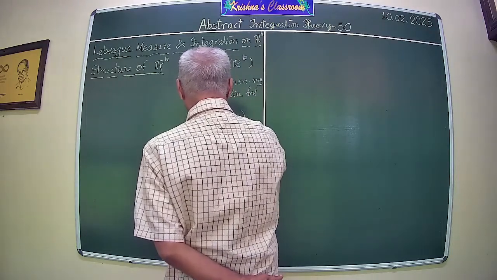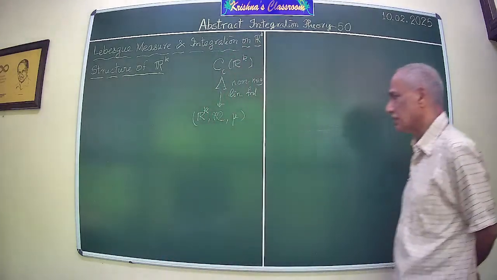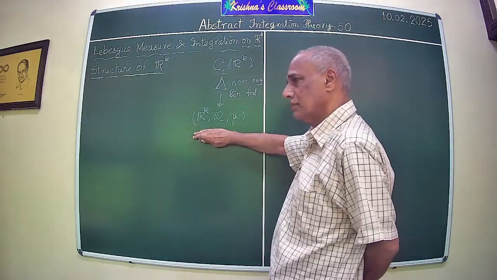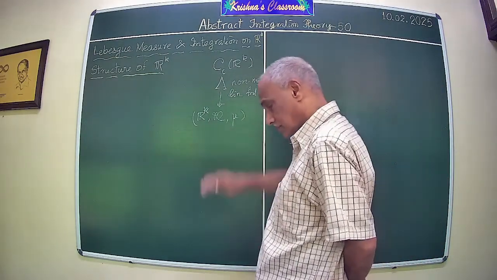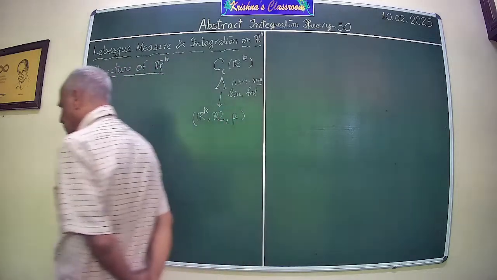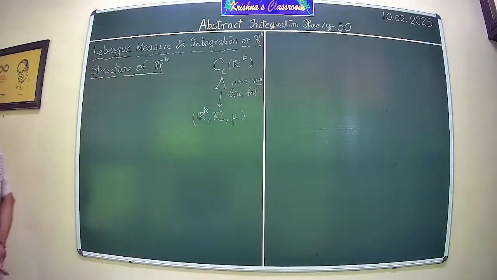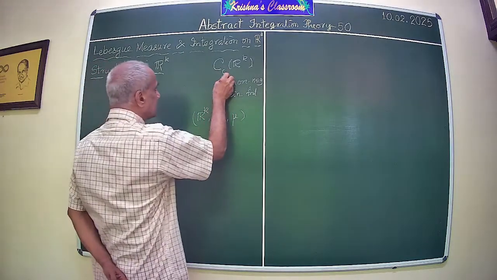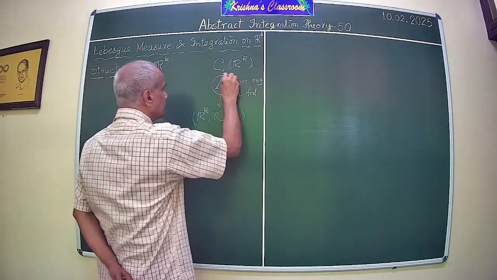So we introduce the measure space, and this turns out to be the Lebesgue measure on R^k, because everything hangs on the choice of this one.